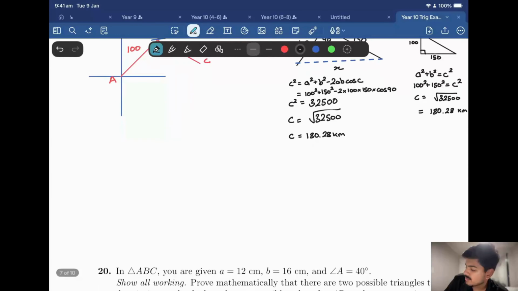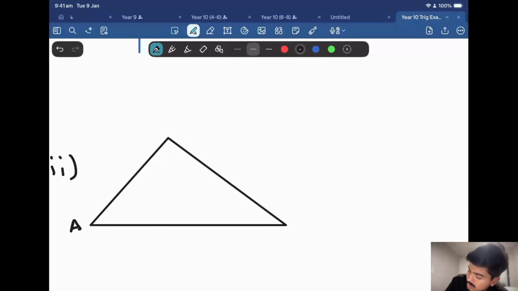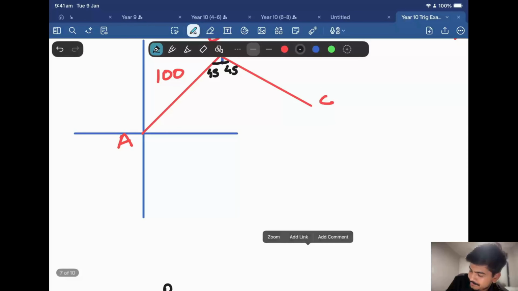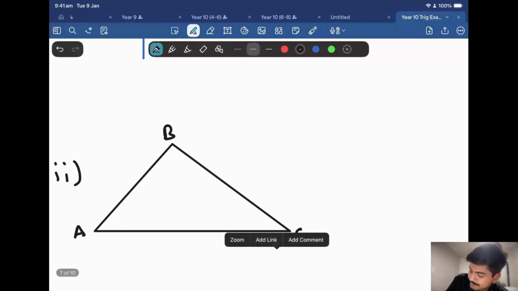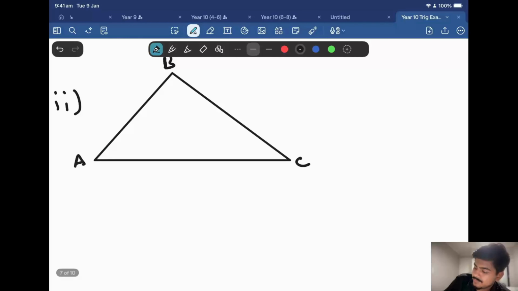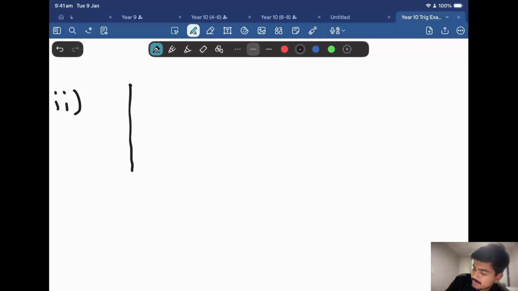So now what we're trying to find in this question is, let's draw the triangle out again. This is A, this is B, this is C. Wait, I'm gonna draw this a bit better.